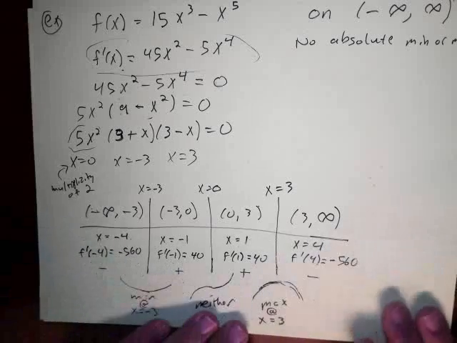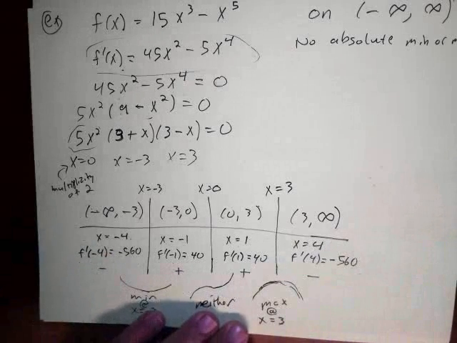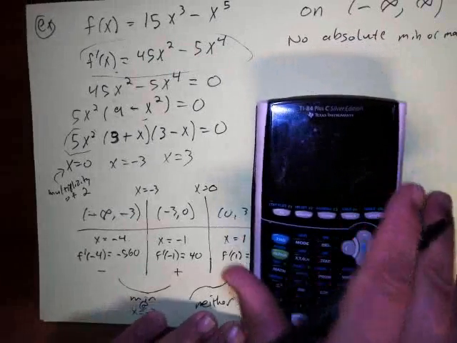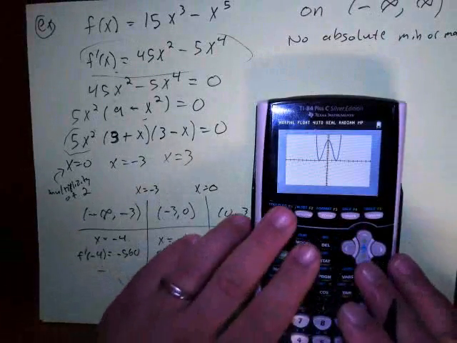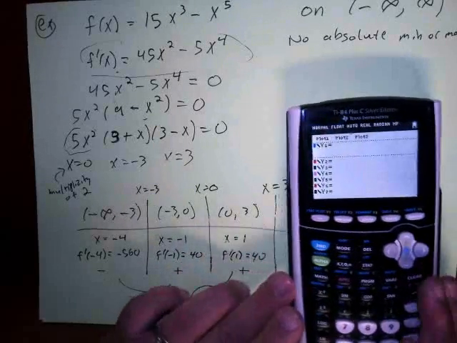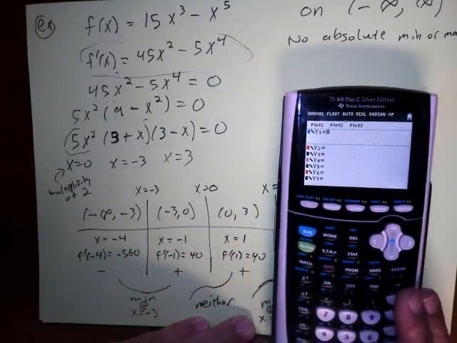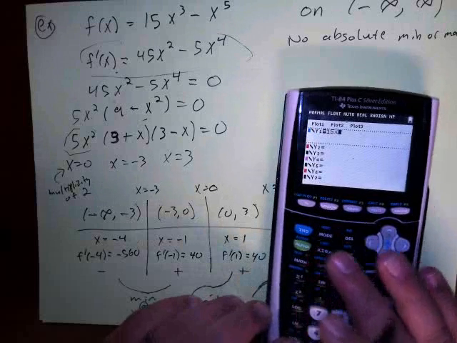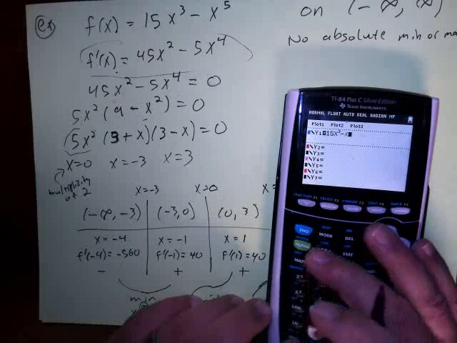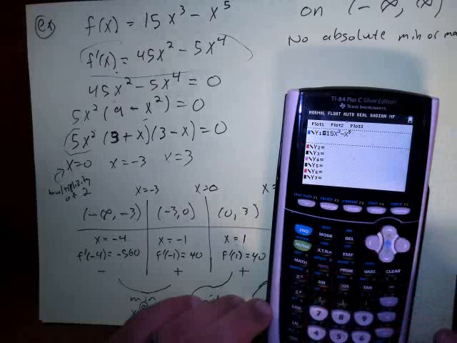Okay? And so let's go ahead and graph this and see if this is correct. And so let's see here. I'm going to put in 15x cubed minus x to the 5th. And I'm going to change my window.